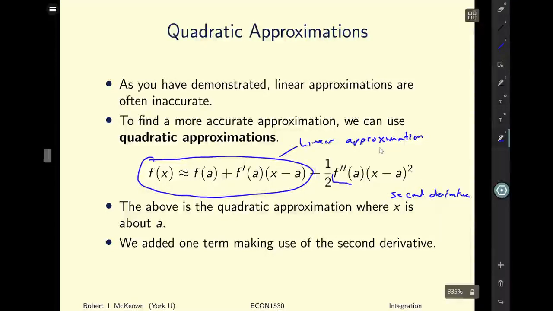This is the second derivative right here at point A. This term is part of the approximation formula. Notice that we're now going to square the change in x, and then we're going to multiply the whole thing by 1/2.